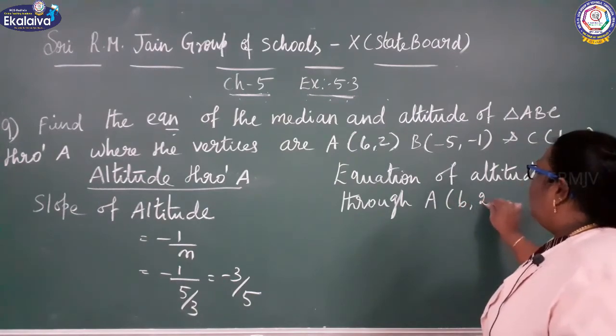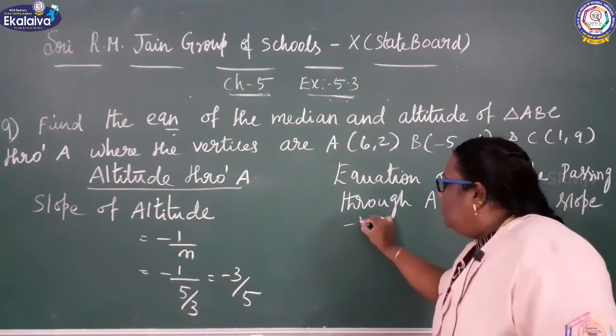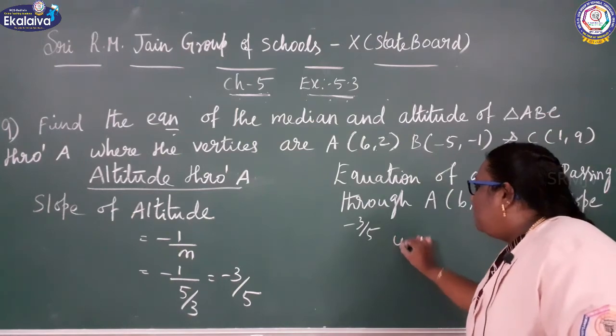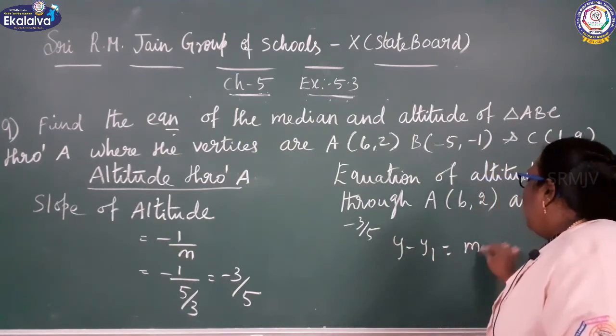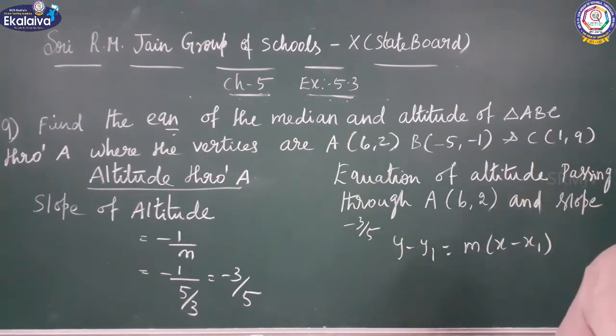Passing through A 6, 2, and the perpendicular slope is minus 3 by 5. What is the formula? y minus y1 equal to m into (x minus x1). This is nothing but the perpendicular slope, minus 3 by 5, that is minus 1 by m value.